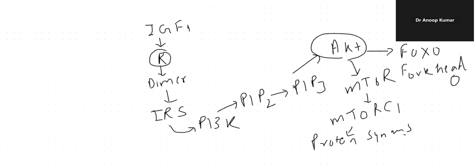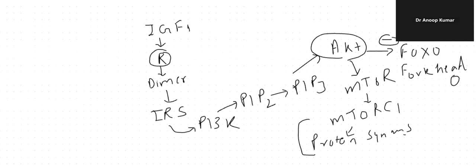So FOXO acts as a negative regulator of hypertrophy. As I said, when this pathway is activated, protein synthesis is happening. So that means that is helping in the hypertrophy. But when AKT is activated, it's going to inhibit the FOXO.